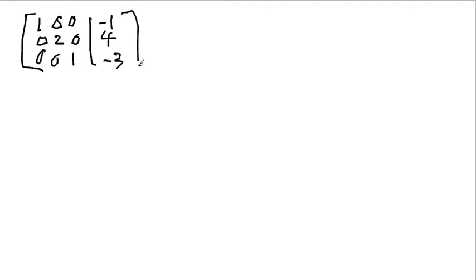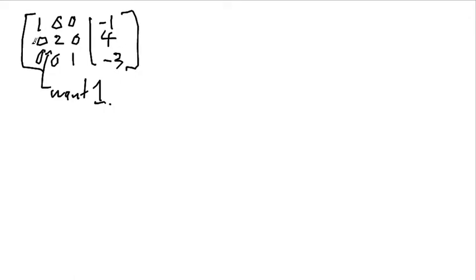Let's suppose I had 1, 0, 0, negative 1, 0, 2, 0, 4, and 0, 0, 1, negative 3. What's the problem here? Well, this leftmost non-zero entry is a 2. It's not a 1. So I want a 1 there.